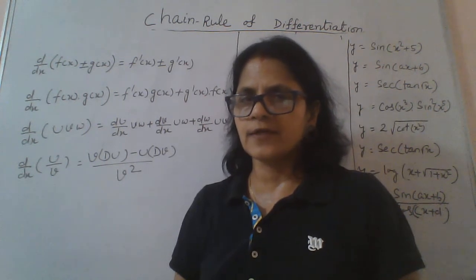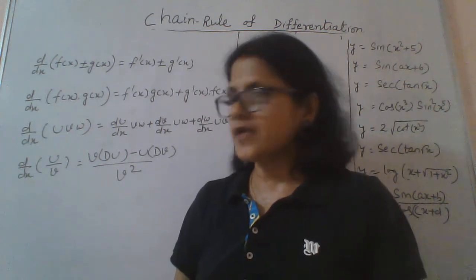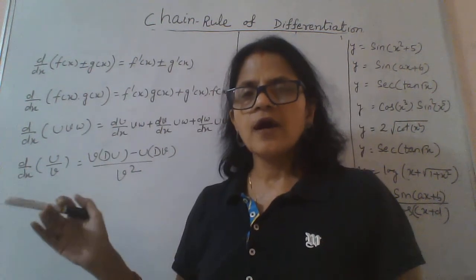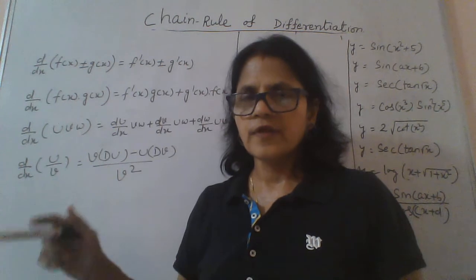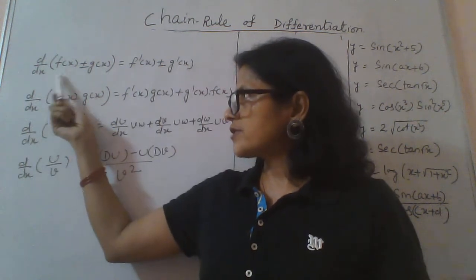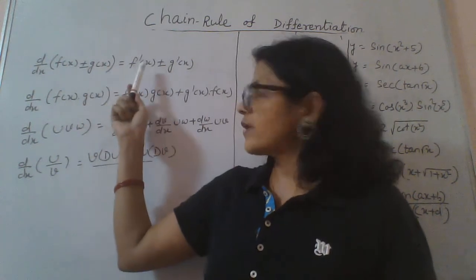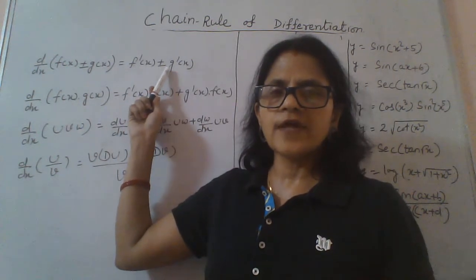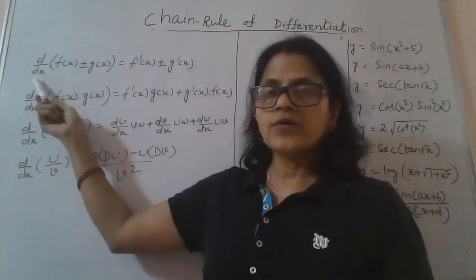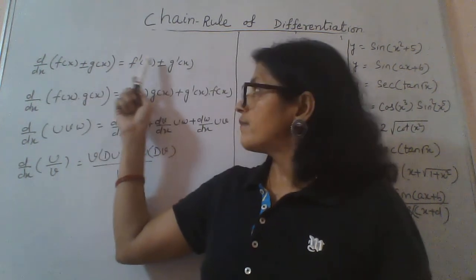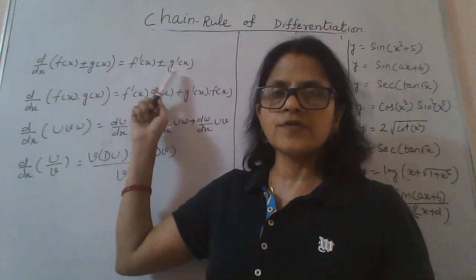In the differentiation chapter, if f(x) and g(x) are differentiable functions, then d/dx of f(x) plus g(x) equals f'(x) plus g'(x). Similarly, d/dx of f(x) minus g(x) is f'(x) minus g'(x).